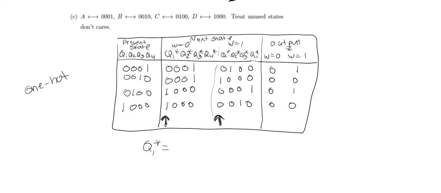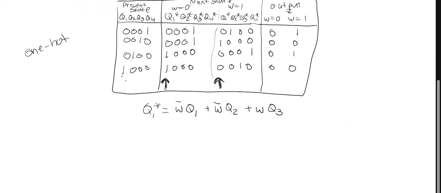Here and here, so I can say W bar Q1, that's from this one, or W bar Q2. And now I can look over here, or W Q3. Because I have so many unused states, if I were to do them all out, I'd have so many don't cares, and it would collapse into these anyway. So that is Q1 star.